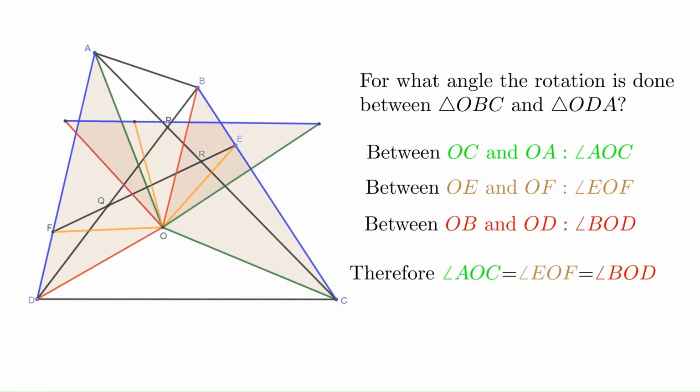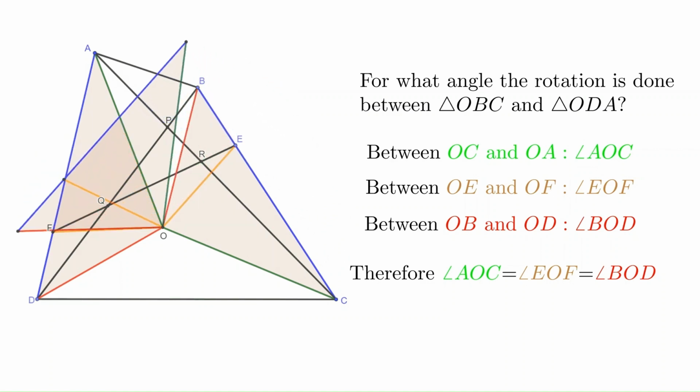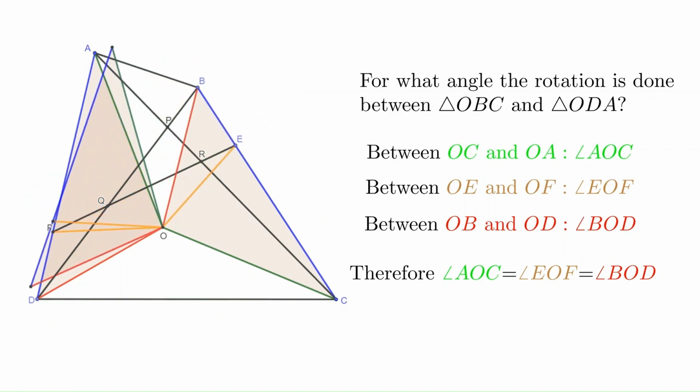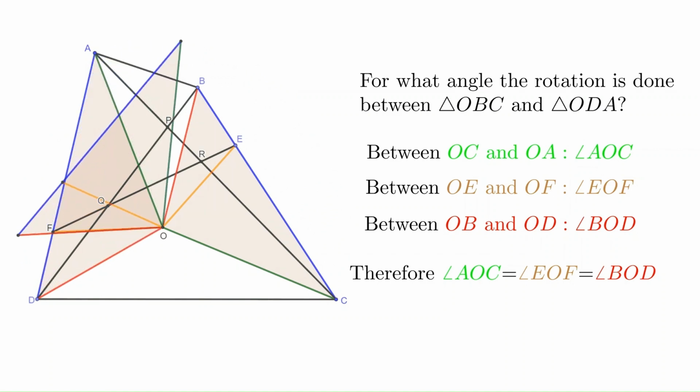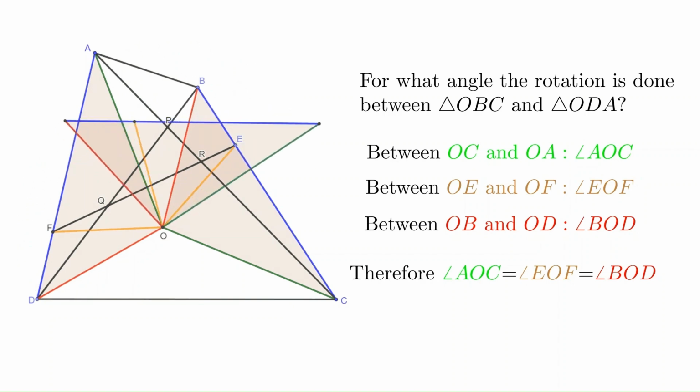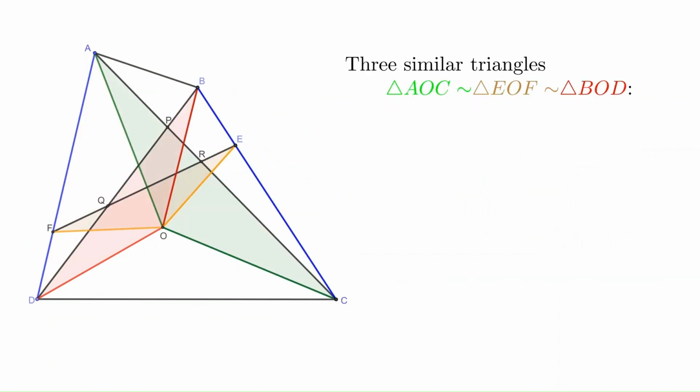If we don't use this rotation, we can also establish the equality by angle chasing. We have two pairs of congruent triangles, not a big deal at all. Immediately, we have three similar triangles AOC, EOF, and BOD for two reasons.